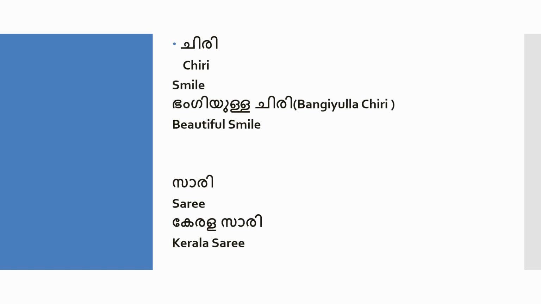It is a white sari with a golden border, and we use that for all our traditional functions, like Vishu, Onam, or any family occasions. So Kerala sari, sari. The diacritic is used at the end after the consonant ra.